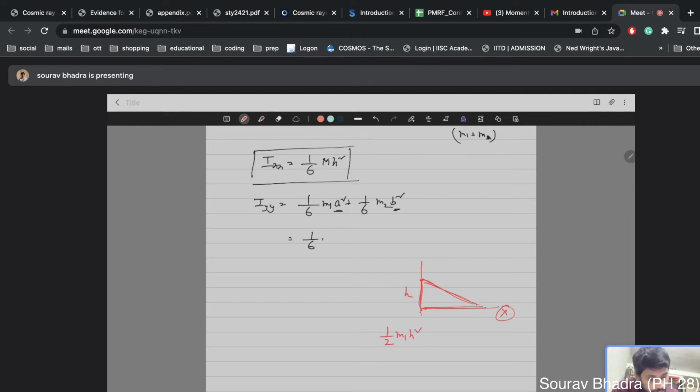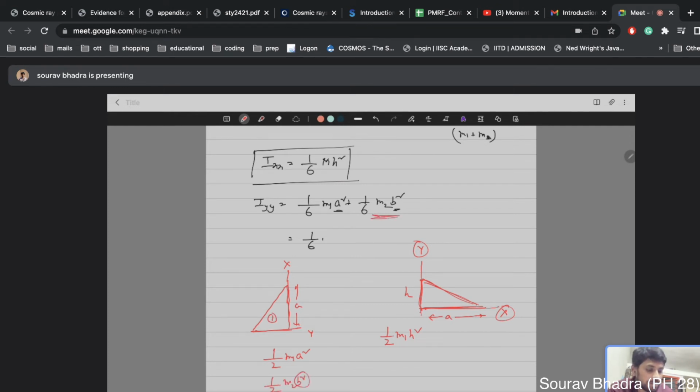When you calculate along y, you can think of the triangle like this, right? So this is your y axis and this is your x axis. Now it has been rotated. So for your y axis, the height will be this part, which is a. So that's why for this case you are getting half m1 a square for the first part and similarly half m2 b square for the second part.